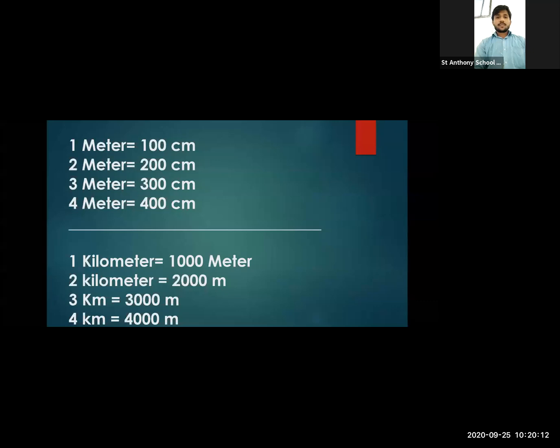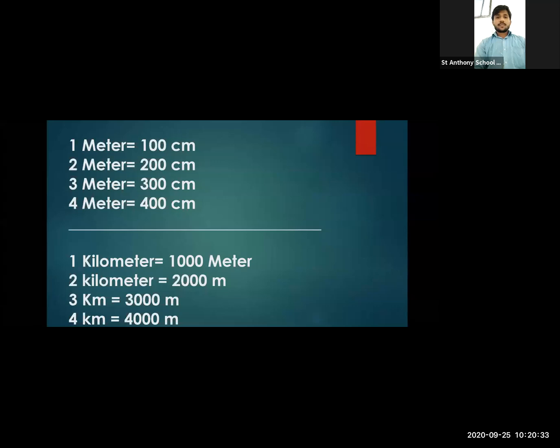And to get the distance between two cities, Mumbai to Pune, Nagpur to Pune, Nagpur to Mumbai, we use kilometer. So these three are the standard units of measuring length.